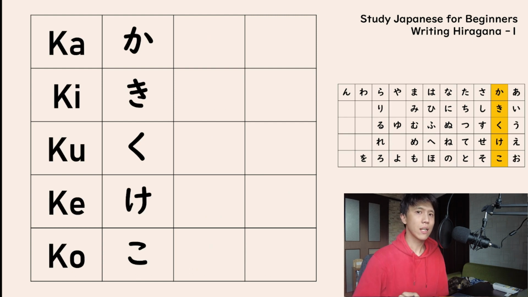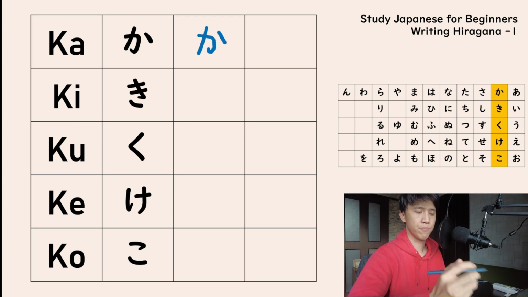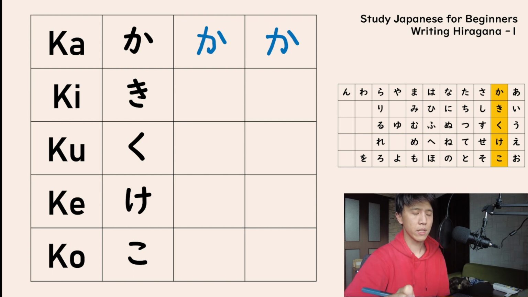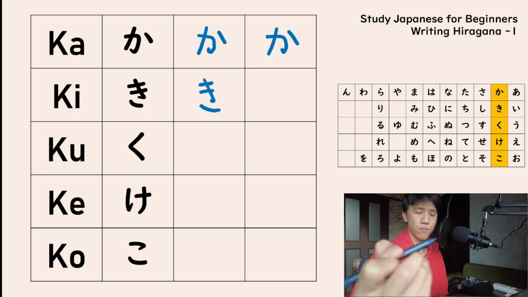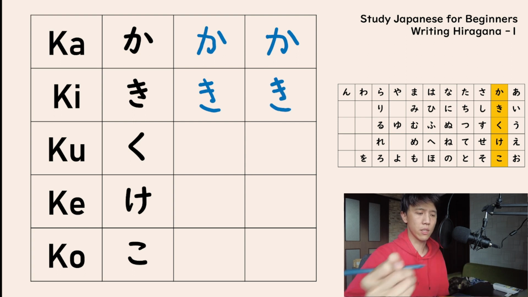The next one, ka, ki, ku, ke, ko. Okay, ka, ki, ku, ke, ko. We'll start with the first one, ka. Ka is ich, ni, san. Okay, second one, ki. Ich, ni, san, shi.